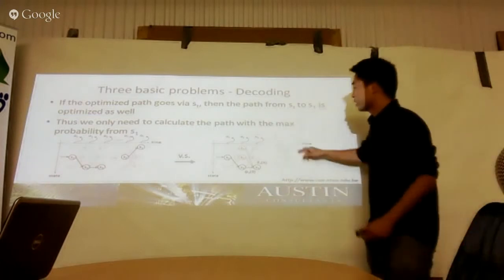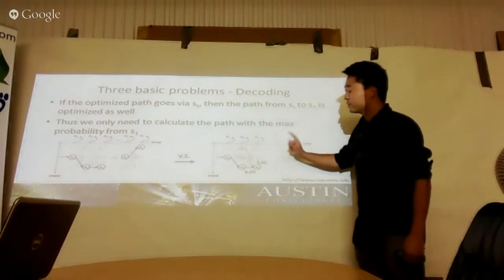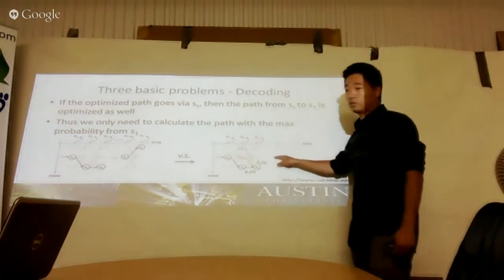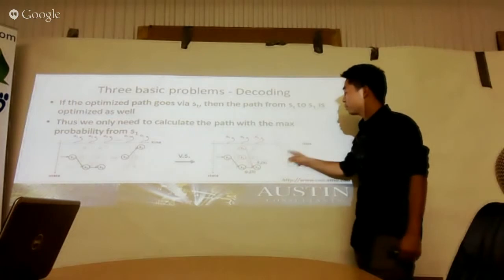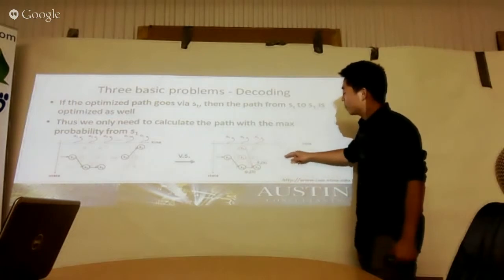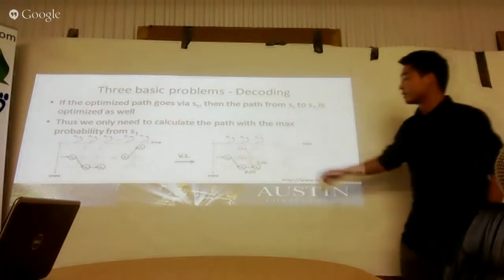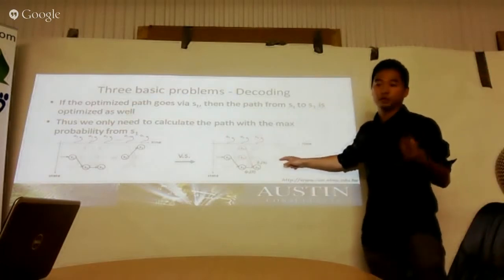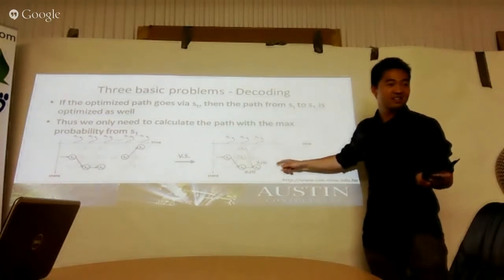So say that is the final state, and if the optimized path went past this one, all the rest have to follow the best one. Otherwise, there would be a better path than that, and then that is not the optimized node you pass through. Is that intuitive?